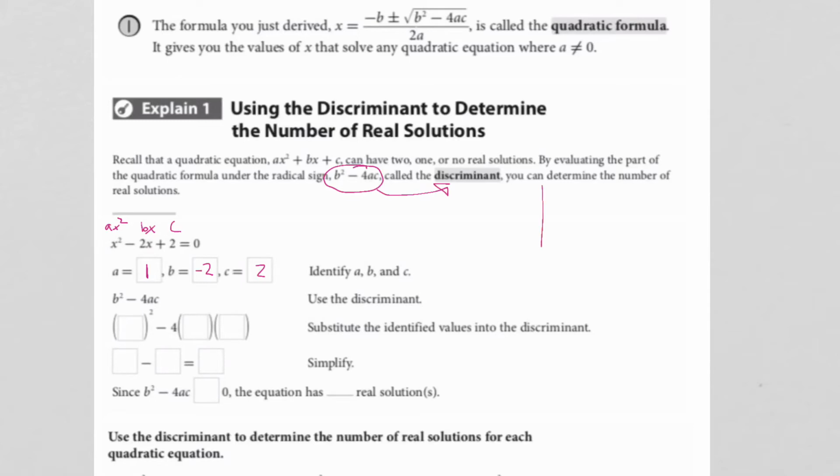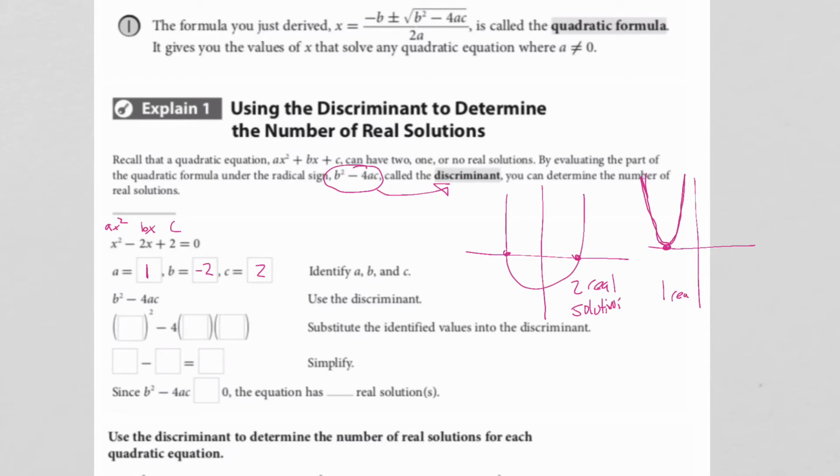And essentially all that means is, if you had a graph that looks like this, this would have 2 real solutions. If you had a graph that looks like this, imagine the vertex only hits the x-axis at one point.